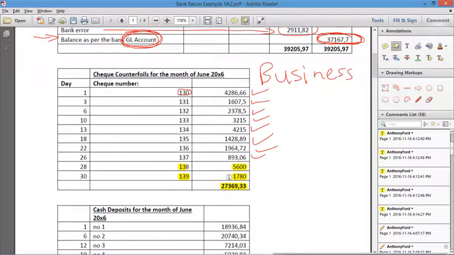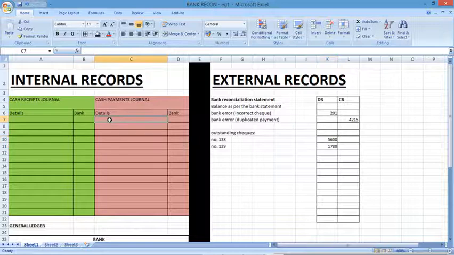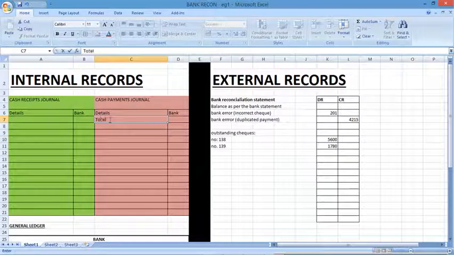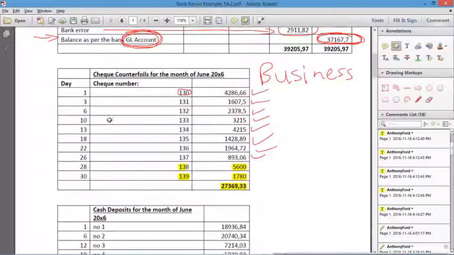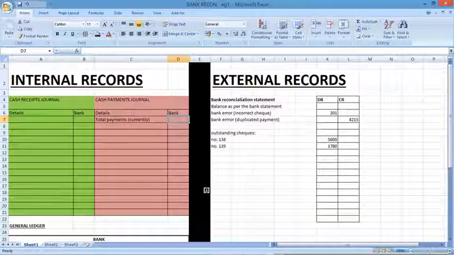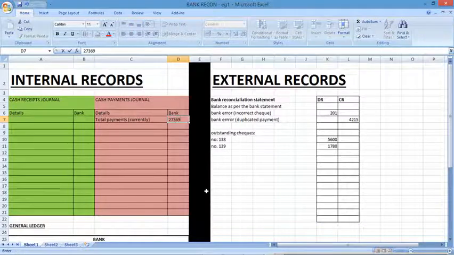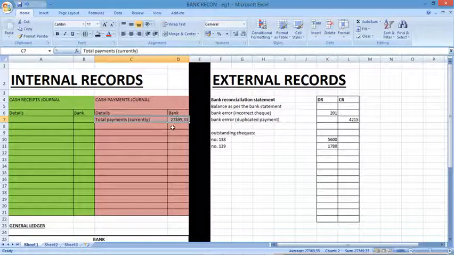Your journal, in terms of totals. Total payments currently: $27,369.33. What is that? That's the current amount of payments that we've made. In whose records? The business's.